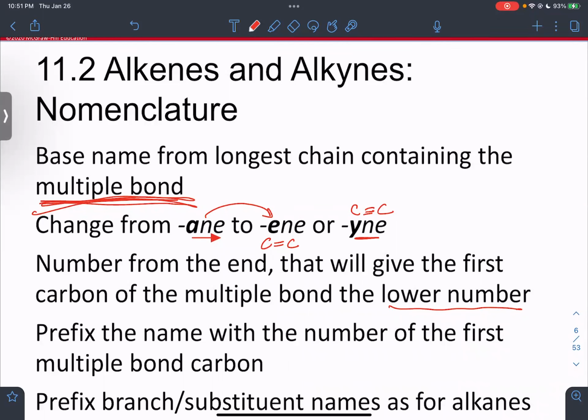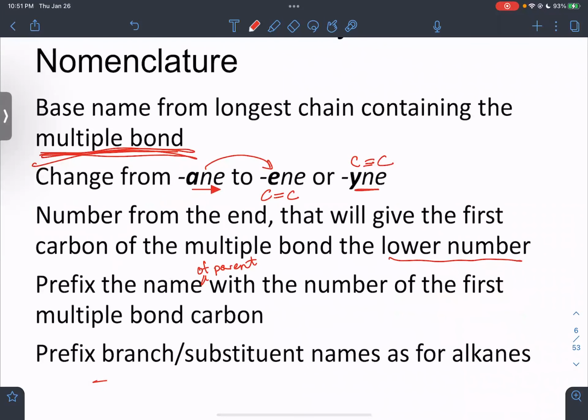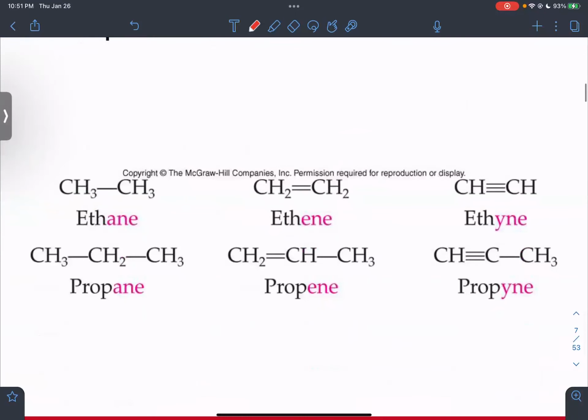Then you prefix the name of the parent with the number of the first carbon participating in the carbon-carbon double bond. I'm going to show you some examples and we'll talk through it. And then worry about substituents just like you did when we talked about alkanes. So let's go look at some examples.